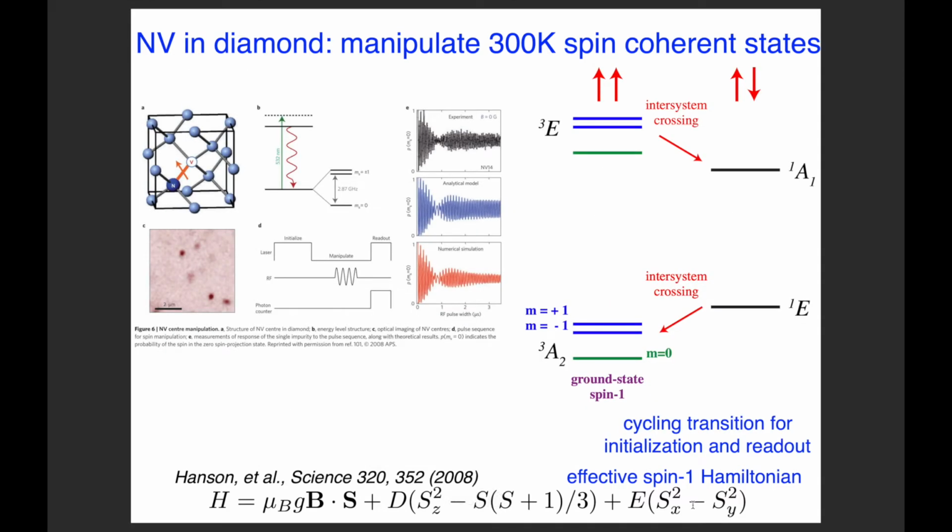Now, the optical component of this is occurring because of intersystem crossings, where the triplet and singlet manifolds communicate through these intersystem crossings. And that cycling transition allows both initialization and it has an effect on the readout that allows readout for the system. And so that permits single spin measurements even up to room temperature in the system.